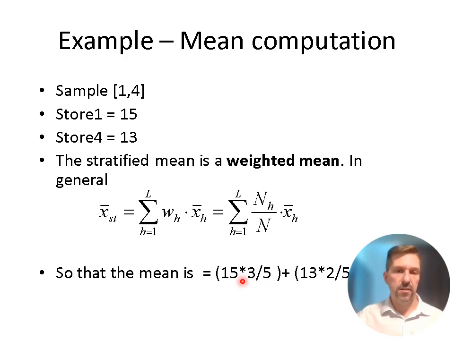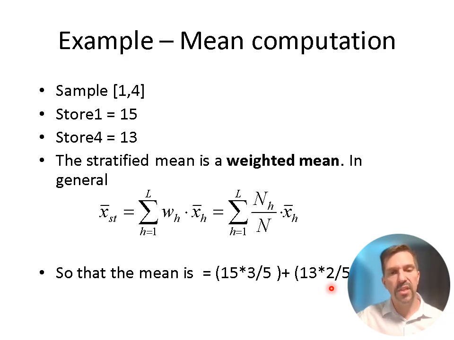And those weights are going to be proportional, like I told you, to the size of the strata. There were 3 stores that were large out of 5 in the population. So I'm going to take that large store data point, which is 15, and weigh it by the size of the large strata, which happens to be 3. So 3 divided by the total number of stores in the population gives you the weight that determines the contribution the large stores will have to the total average.